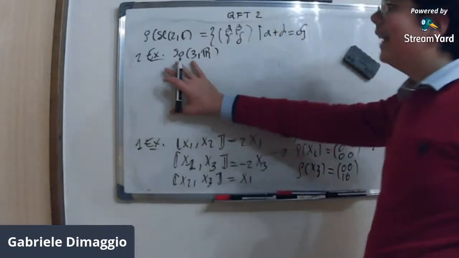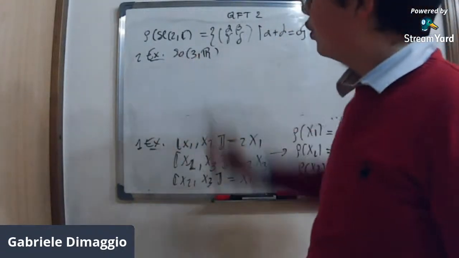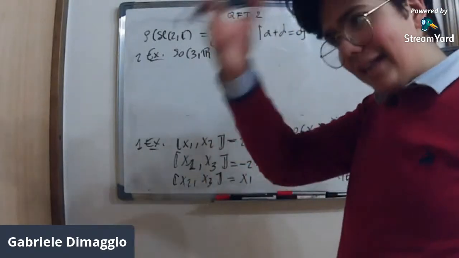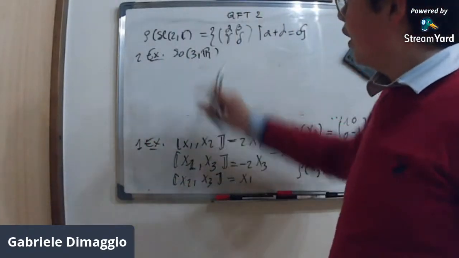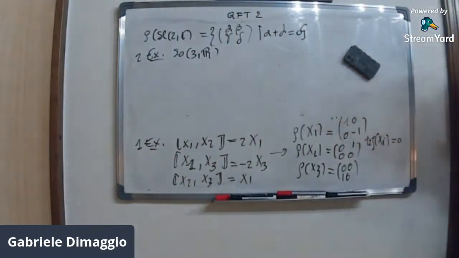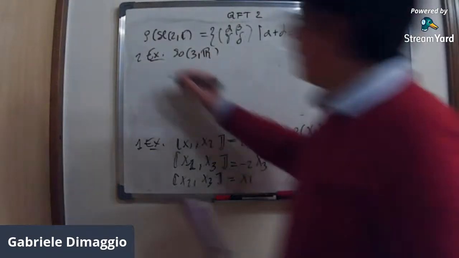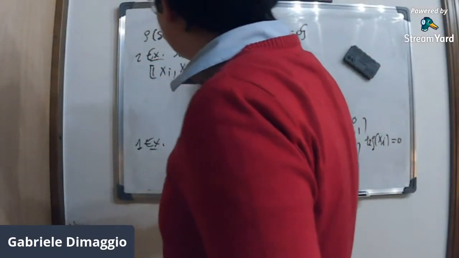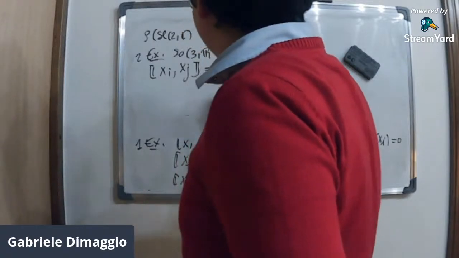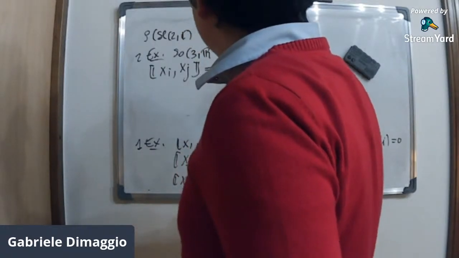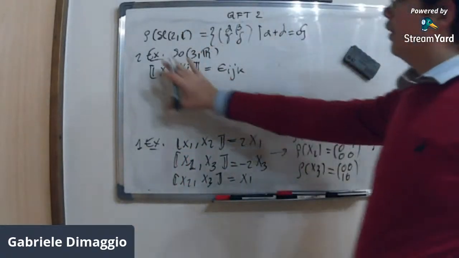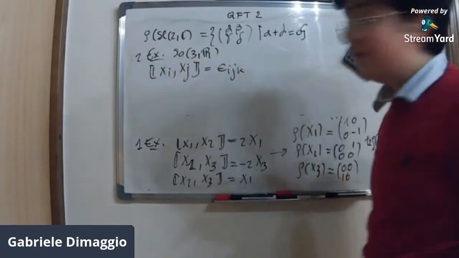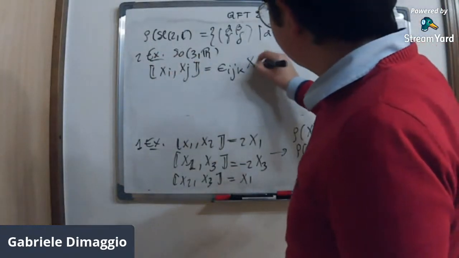And so the Lie algebra of the group, this is not the group, this is the Lie algebra of the group big SO3 over R, okay? And I have the commutation relation. In this case, the structure constants are the Levi-Civita symbols. Okay, so in the case of SO3, I have the Levi-Civita symbols, and I have xk.